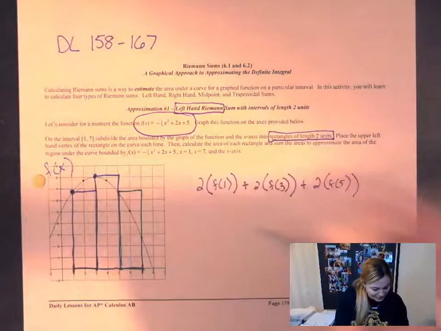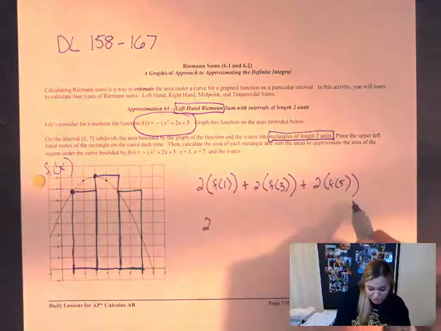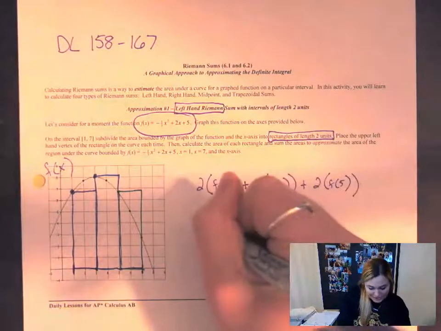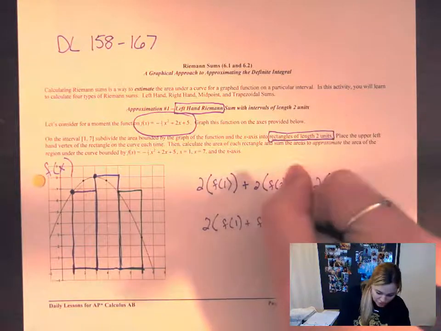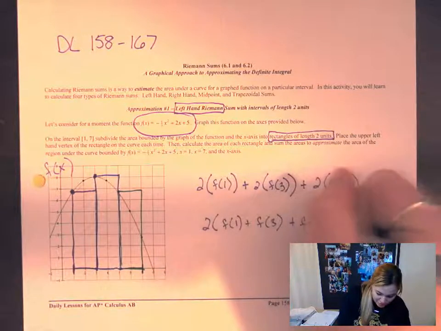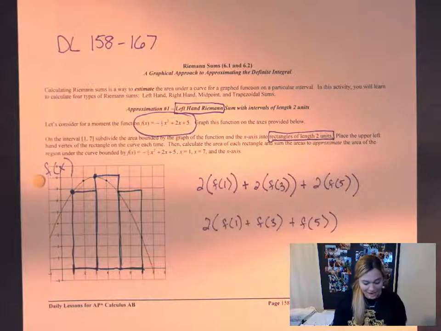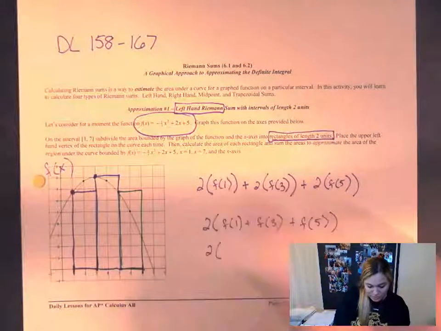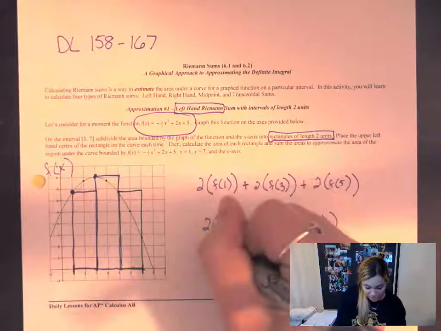Now I need to fill these things in. I could factor out a 2 because that's the same. So I can say 2 times f of 1 plus f of 3 plus f of 5. And then f of 1, I found this before, but you can substitute back into here and figure out that f of 1 is 20 over 3.